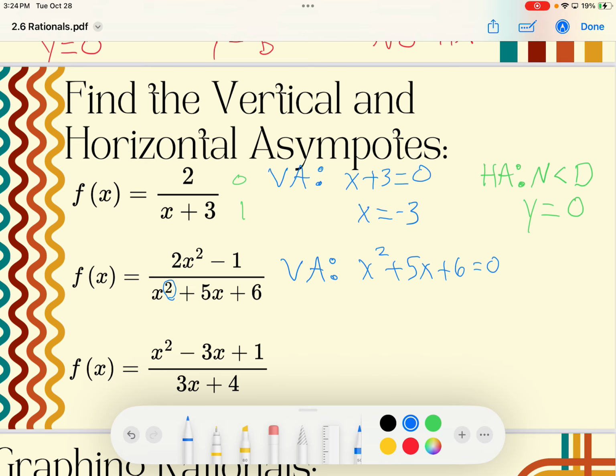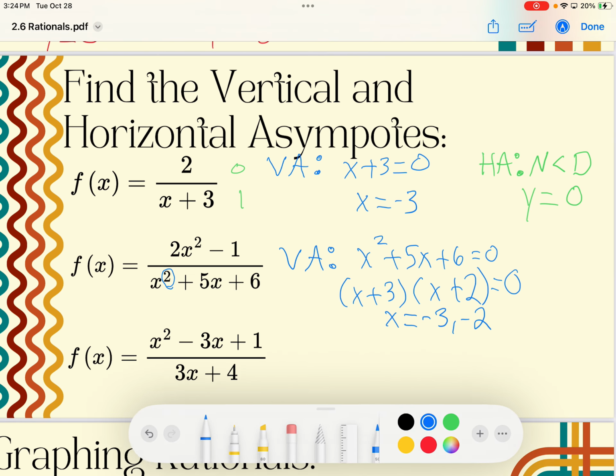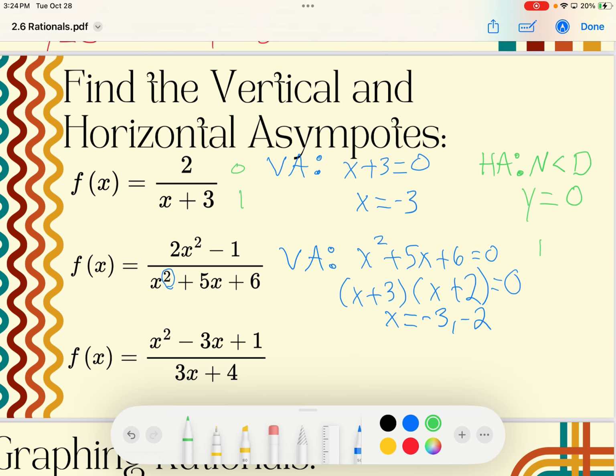2 and 3. Which is why we got 2 asymptotes on those ones that were squared, because we get 2 solutions when we solve them. So in this case, we get negative 3 and negative 2. Now for our horizontal asymptotes, what's the degree of the top this time? 2. What's the degree of the bottom?